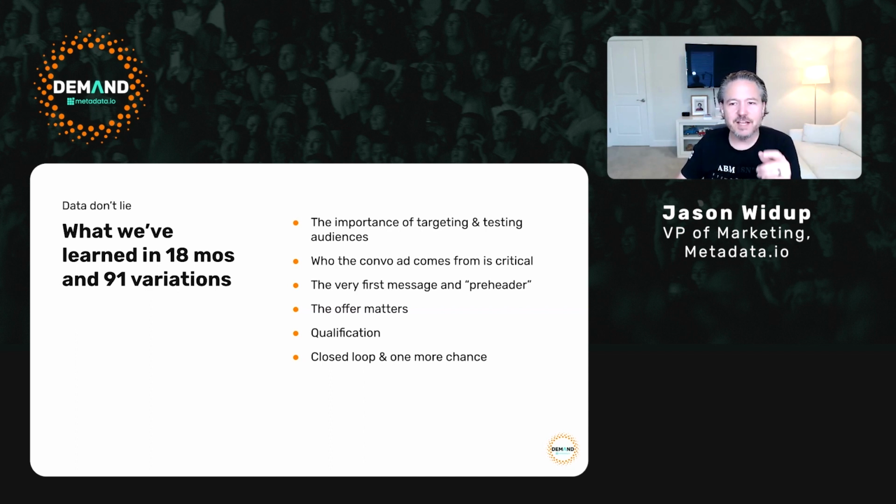Who the conversation ad comes from is critically important. We tested all different types of people, but I think having the person it's coming from be in a similar role or have similar responsibilities as the recipient is your number one optimization, I guess. Hack is the wrong word.